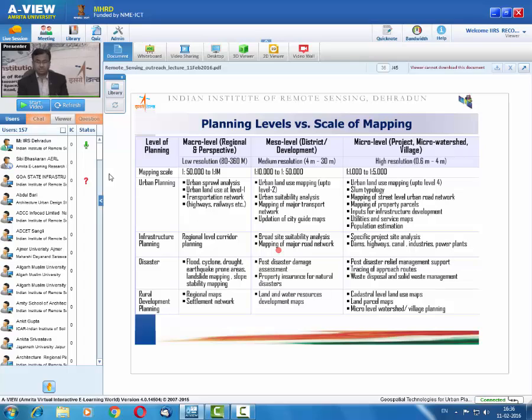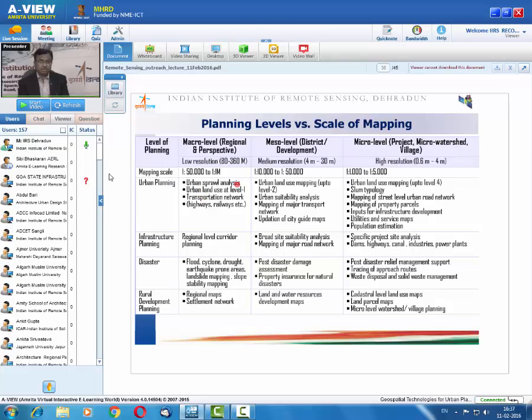Basically, the choice of resolution depends on what one is looking for, and accordingly the matching kind of data sets has to be chosen. For example, suppose somebody is looking for a macro level regional perspective plan, a resolution of something like 80 to 360 meters is sufficient, where the mapping scale is something like 1 to 50,000 to 1 million, and several applications are feasible, but there are some limitations.